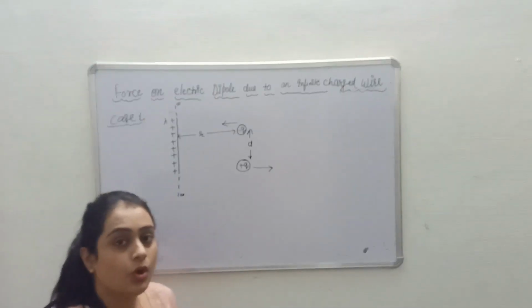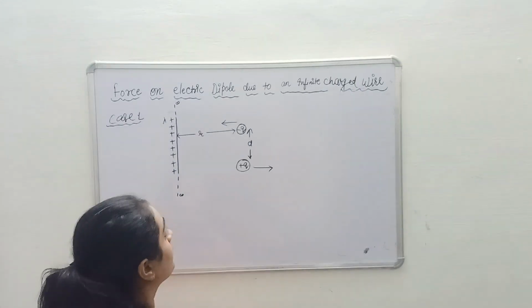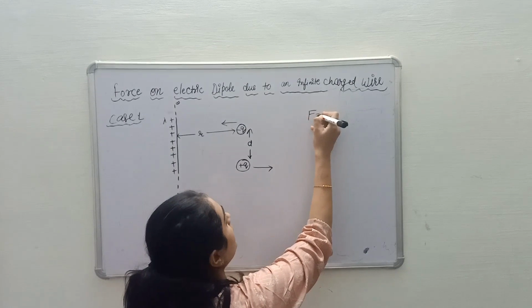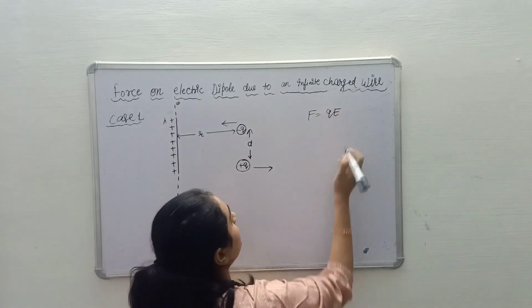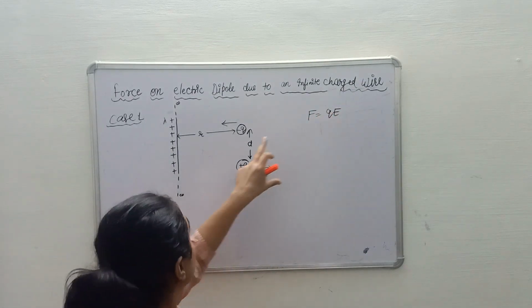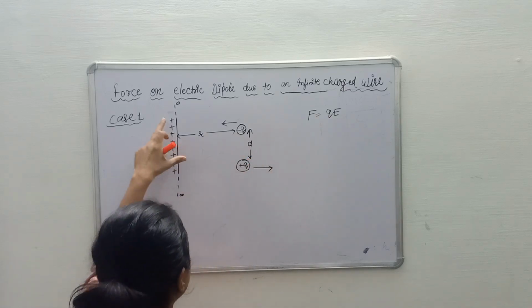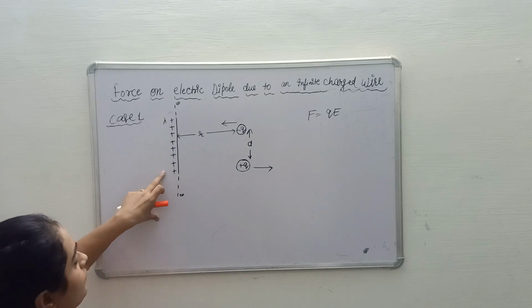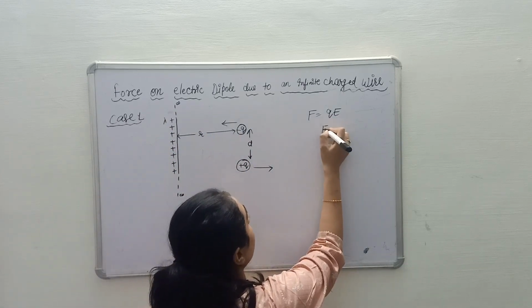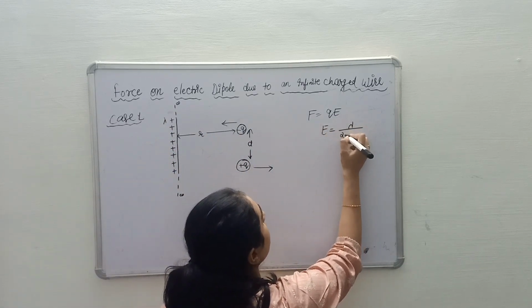The magnitude of the force will be given by Q times E, where E is the electric field due to this uniformly charged infinite wire, given by lambda by 2 pi epsilon naught r.